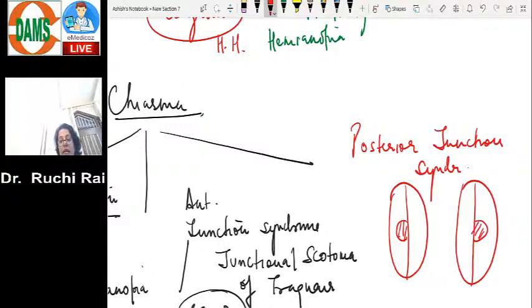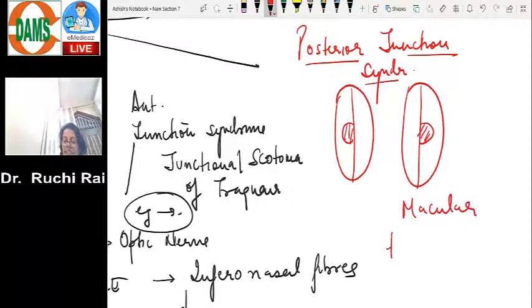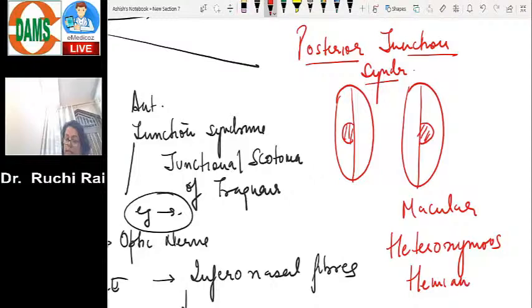So this is your posterior junction syndrome where you are getting a macular heteronymous hemianopia. I told you chiasmal lesions are all heteronymous. Remember that. So this will lead to macular heteronymous hemianopia.